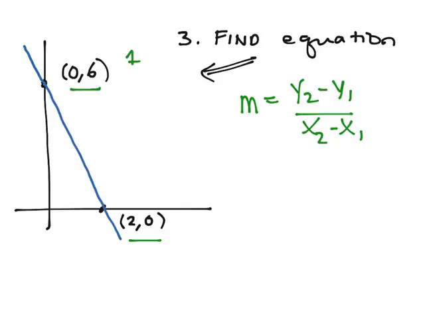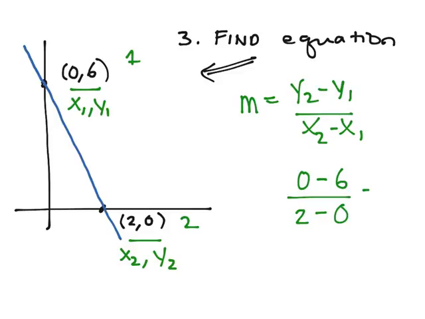Let's just choose this as point 1, x1, y1, and this is point 2, so this will be x2, y2. So 0 minus 6 over 2 minus 0 is equal to minus 6 over 2, so our slope is negative 3.